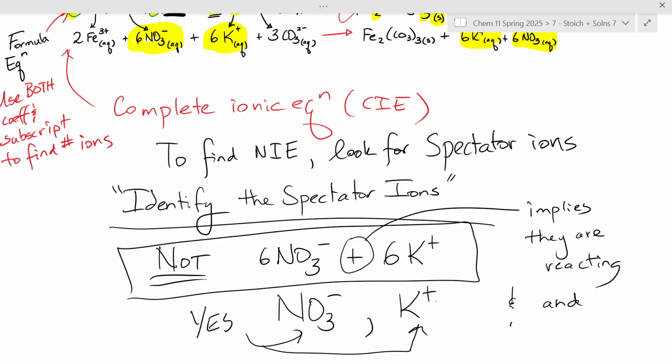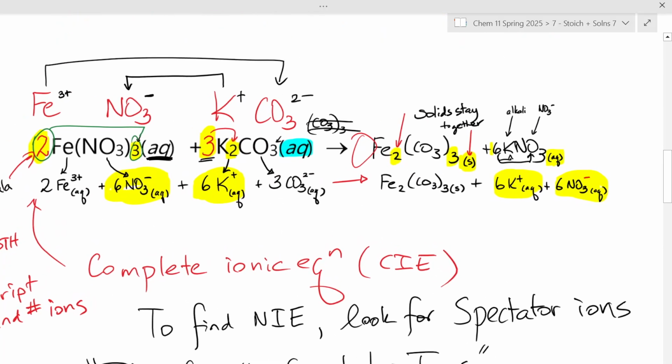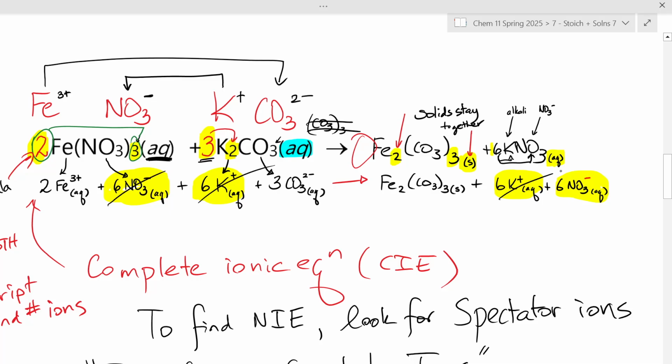Once you've identified your spectator ions, what do you do with them to get to the net ionic equation? Cancel. So we cancel this, we cancel that, we cancel that, we cancel that.